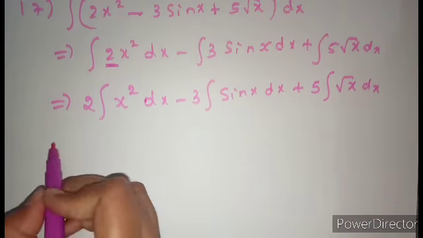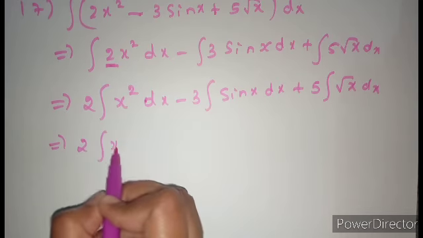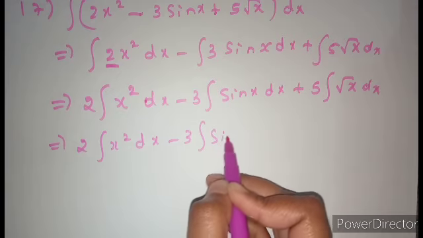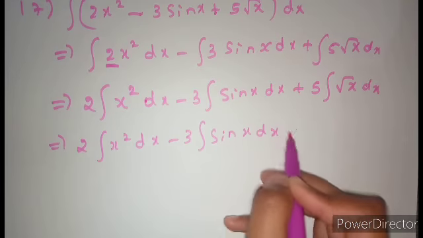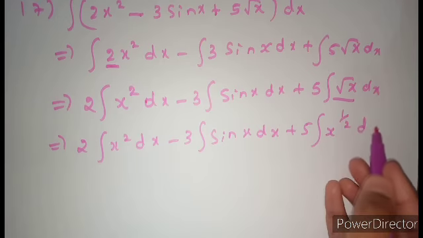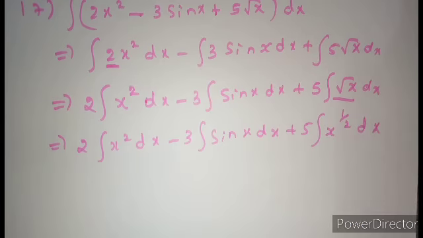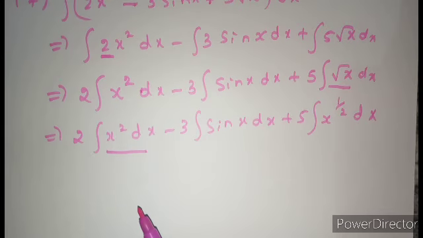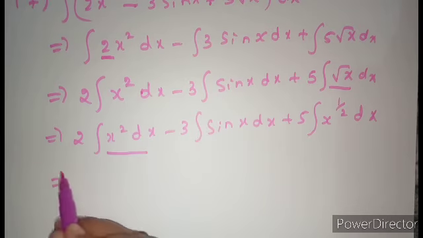This implies 2 integral x square dx minus 3 integral sin x dx plus 5 integral, which can be written as x raised to 1 by 2 dx, right? So this integral is of the form integral x power n dx is equal to x power n plus 1 upon n plus 1, right? Now try to add 1 to the power of this function.